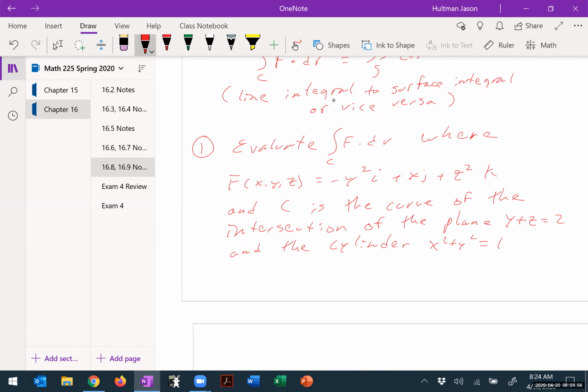Okay, so we want to evaluate this using Stokes' theorem.